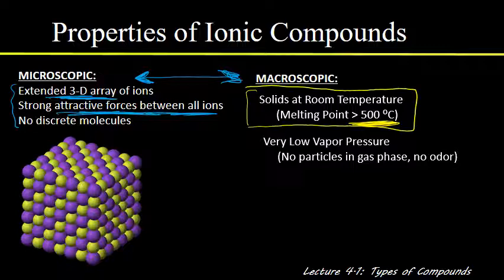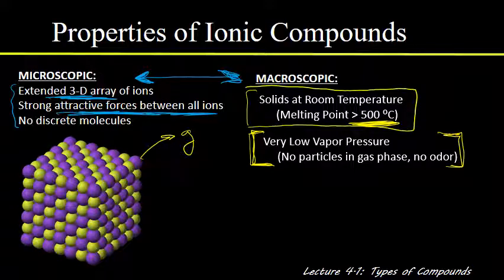You really got to get them hot in order to melt them. They also have very low vapor pressure, and we'll talk about vapor pressure more in the second semester, but basically what vapor pressure means is the ability of molecules or particles to escape into the gas phase. If the attractive forces between the particles are weak, then it's easy for the molecules to escape into the gas phase. But if the attractive forces between them are strong, then they can't escape, and so everything's going to stay in this solid.